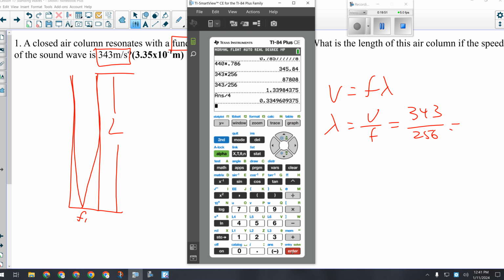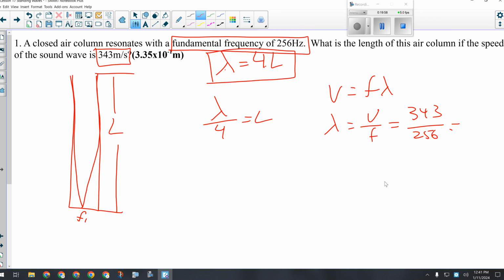Now, here's a way I might alter that question slightly. I might ask you, if 256 hertz is f1, what's the next frequency you would hear out of this tube?